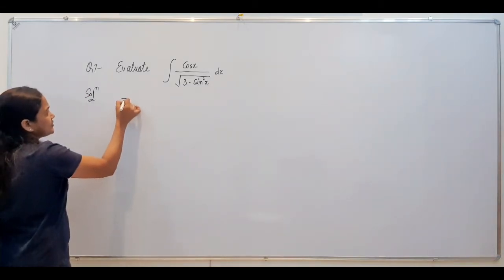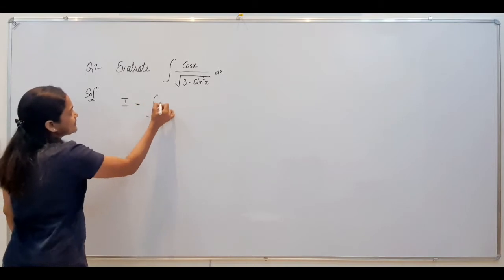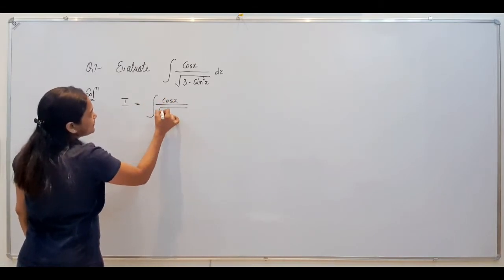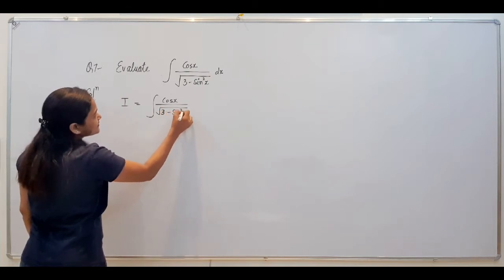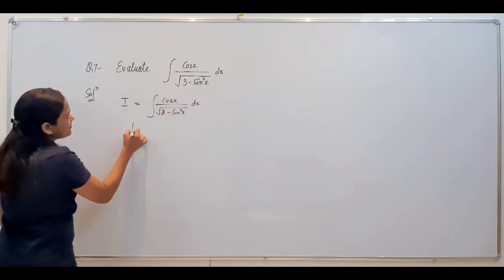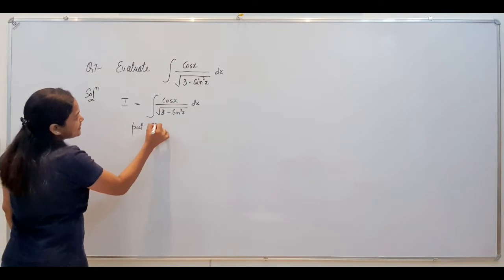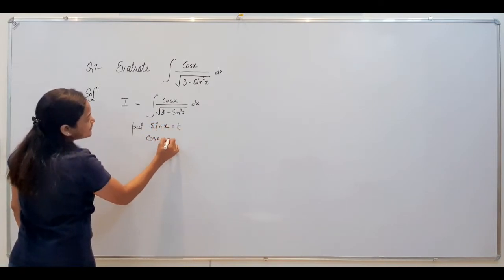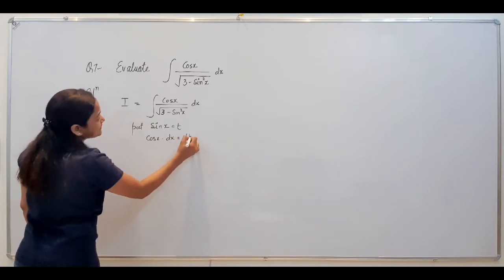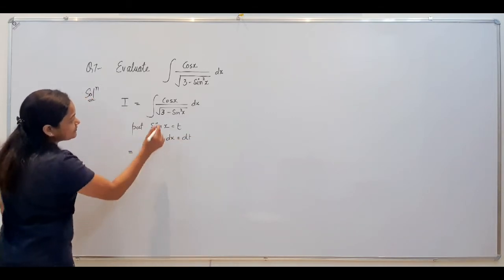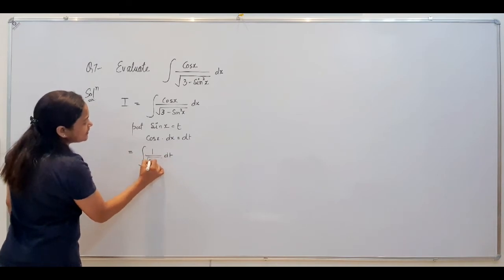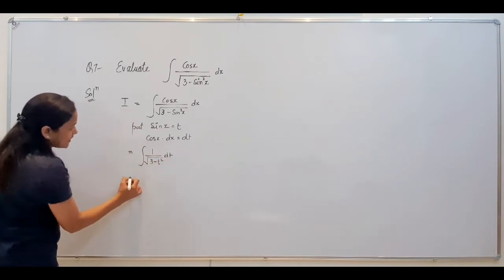So in this question, let us take I as cos x upon root of 3 minus sin square x. Now put sin x as t. So cos x dx will become dt, and your I will become dt upon root of 3 minus t square.